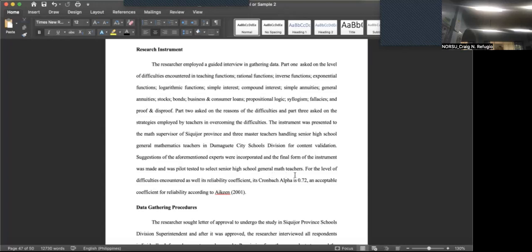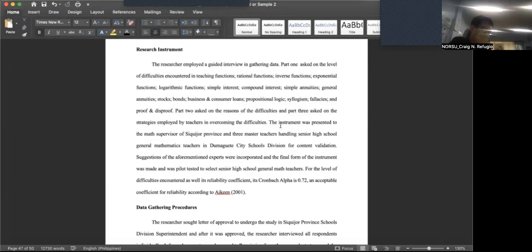Have you read that one and have you seen that one in your file? Yes, sir. So you are going to retain this statement. That would be the replacement of the last sentence that I told you to delete in your proposal. And when you say the instrument was presented, you change that into future tense or maybe the present tense.